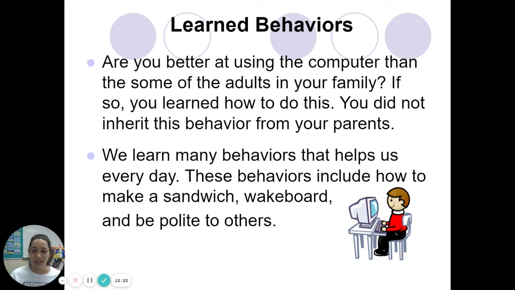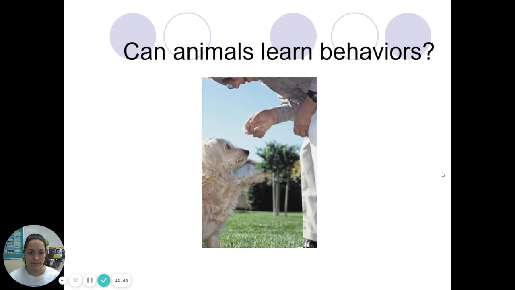These behaviors include how to make a sandwich, maybe doing a certain type of sport like soccer, baseball, volleyball, and even our manners, being polite to other people, saying yes ma'am, no ma'am, thank you sir, no sir, or even the kind of tone and the way we talk to people. Those are learned behaviors, okay? Someone teaches us how to talk to others.